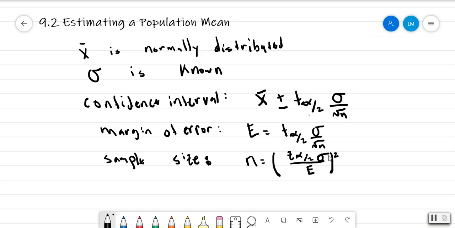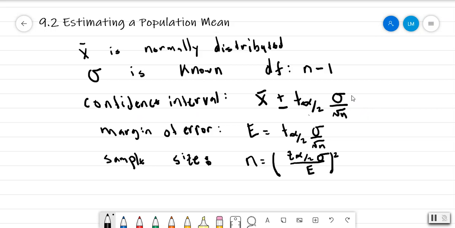Now, whenever we're dealing with a t-distribution, we also have to include what we call the degrees of freedom. The degrees of freedom is given by n minus 1, but this only applies whenever we're using the t-distribution.